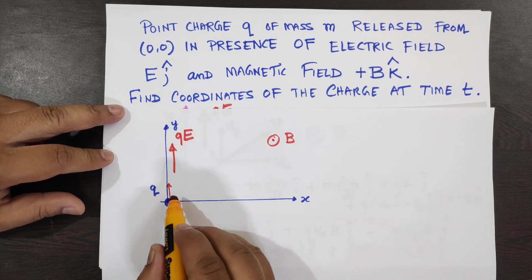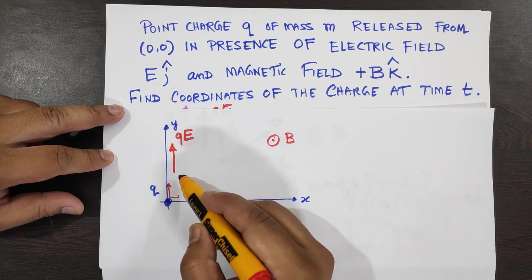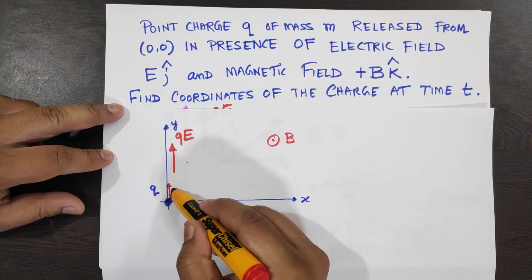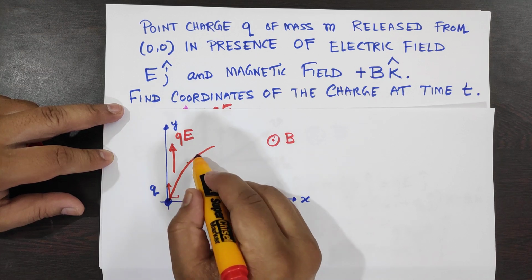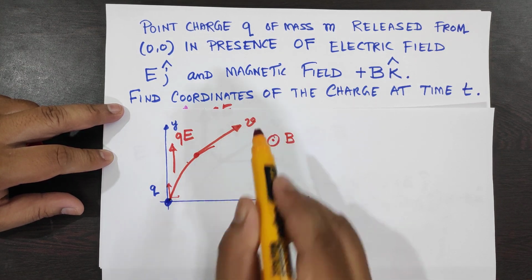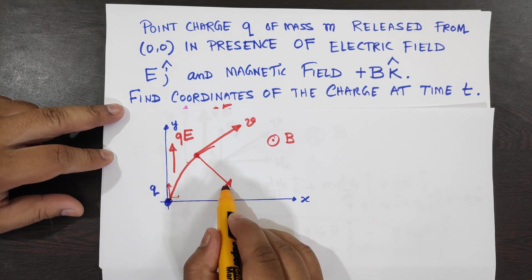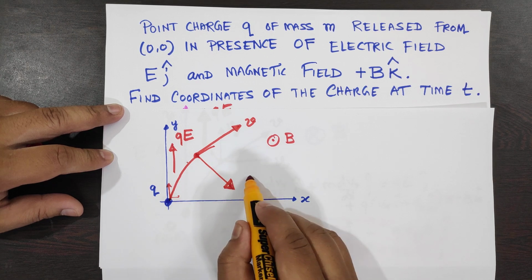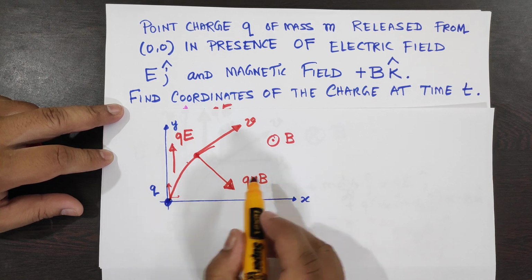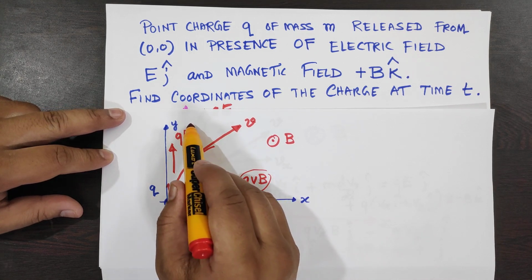So v cross B at the start, the magnetic force is in this direction, so it will deflect gradually, right? While the charged particle has a velocity v, at this time the magnetic force is this way. So that's qvB. So the resultant force is the vector sum of this qvB and qE.